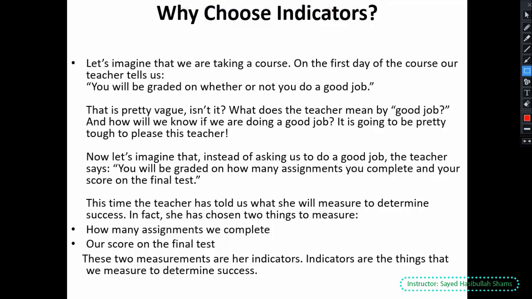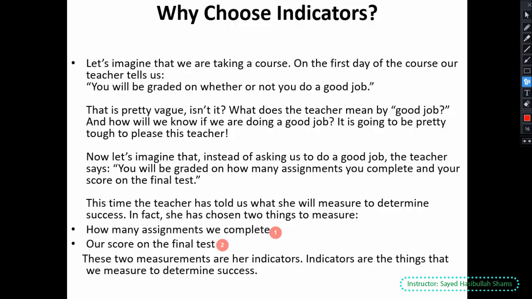For example, let's imagine that we take a course, in the first class of the school, where there are two teachers. One of the teachers sets, for example, two indicators for him or herself. The first is, for example, how many assignments we complete. The second indicator is the final test score.